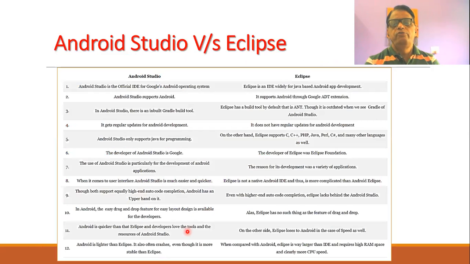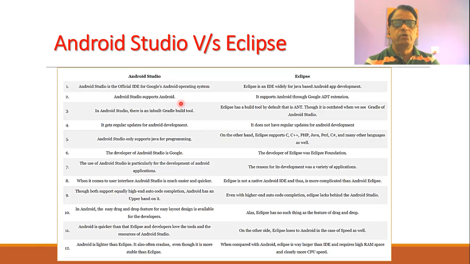As I told you, Android Studio is an integrated development environment, and Eclipse is also an integrated development environment. Android Studio is the official IDE. Eclipse is an IDE that is widely used for Java-based Android applications.